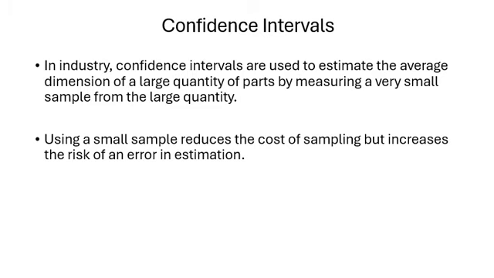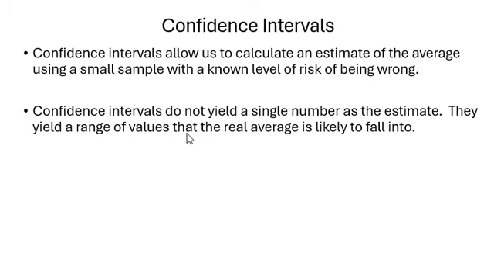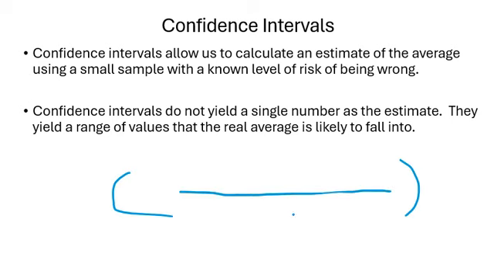So confidence interval, I have already explained that to you. It is an interval, so you're going to have an upper and a lower limit. In that range of values, the real average is going to be between this maximum and this minimum value.